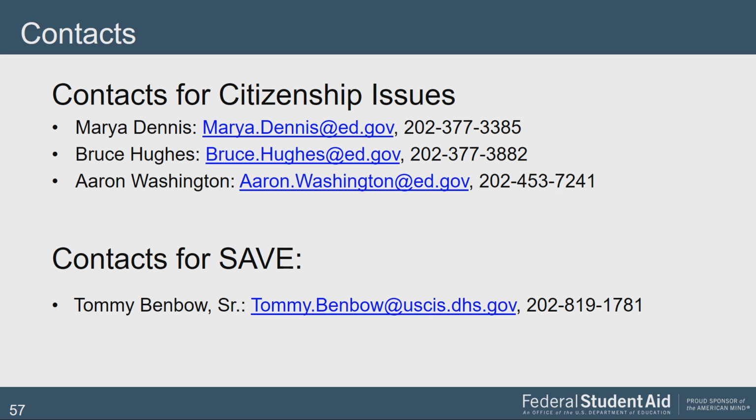You'll get a quicker response if you just go directly to Application Processing Division at ed.gov, because when he doesn't know the answer to a question, he comes around to my cubicle and asks me about it. Also, the contact for SAVE is Tommy Benbow, and he can be reached at that email address and phone number if you want to call him.